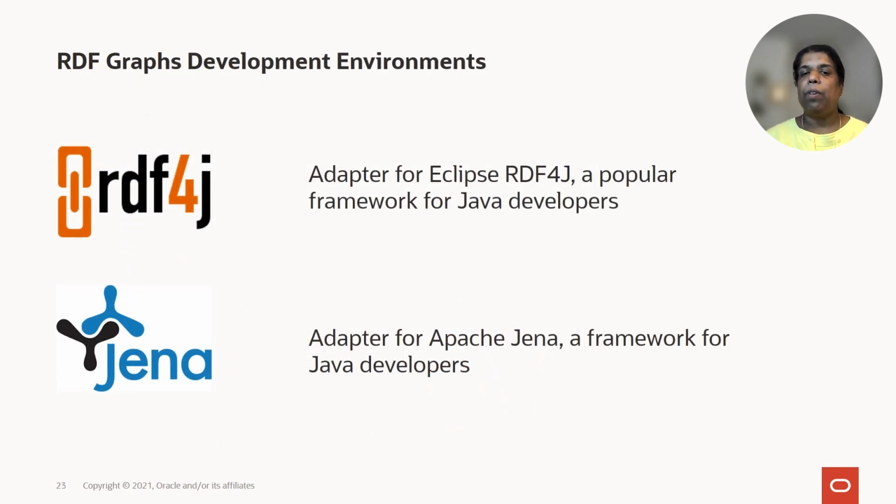And RDF graph developers like a few development environments, and we have adapters for those environments, like for Eclipse RDF4J and Apache Jena. So you can store your RDF data in the database and use any one of these development environments, given the adapters that we make available for these environments.